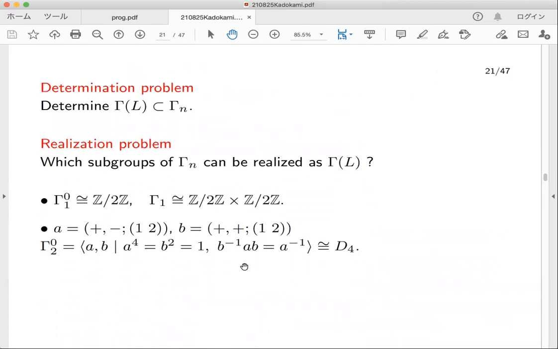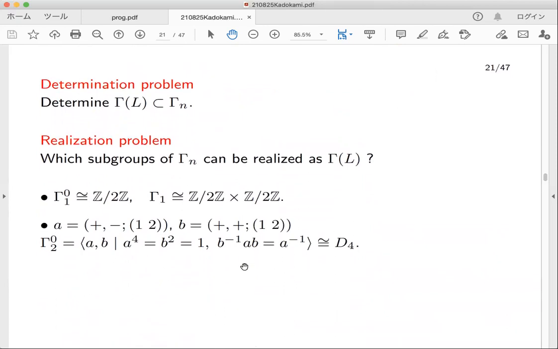We can write some problems about the link symmetric group.